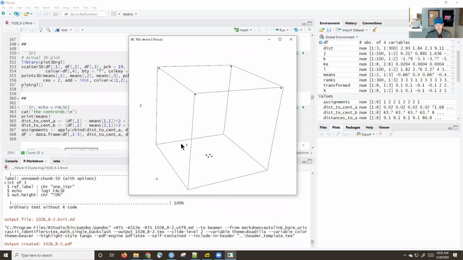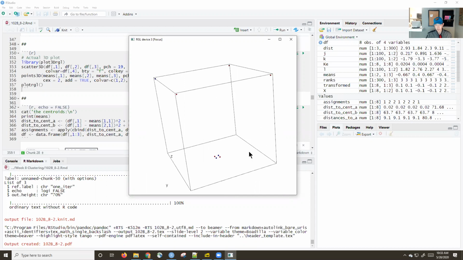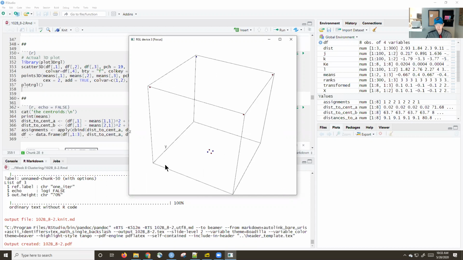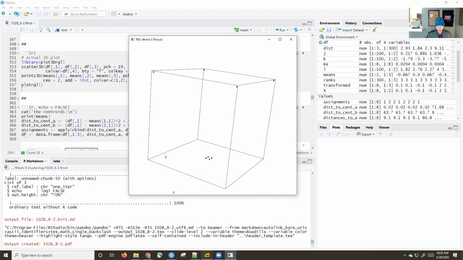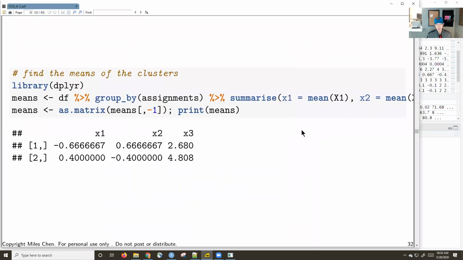Okay, so this is what it looks like after I've transformed it into three-dimensional space. All right, and that's what this is trying to show here.